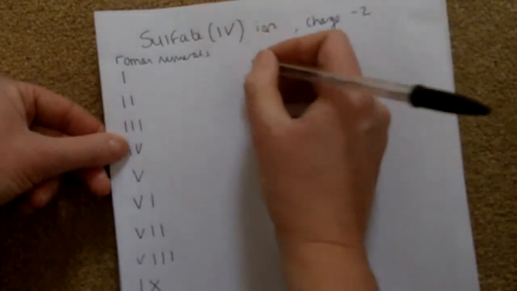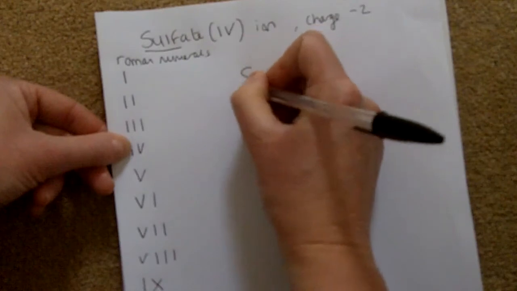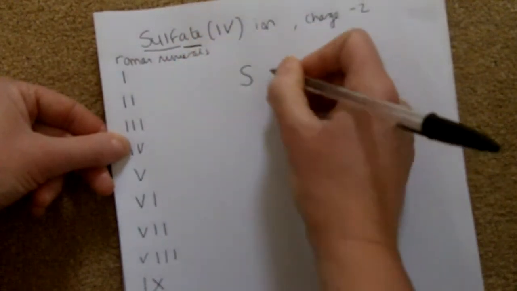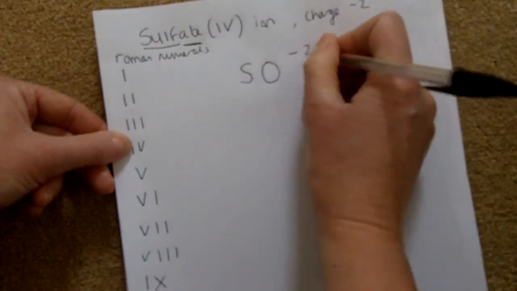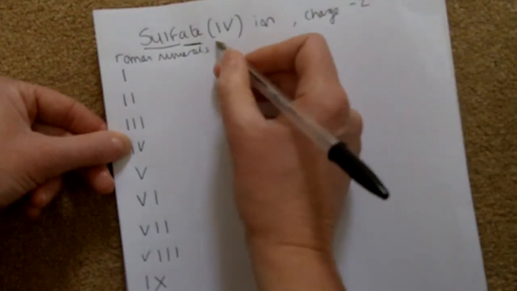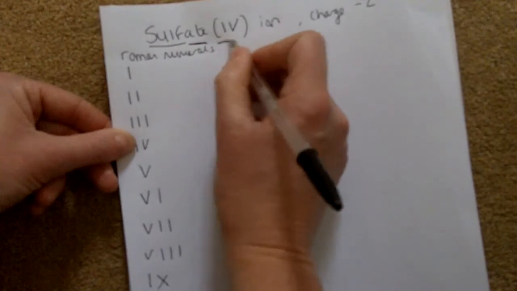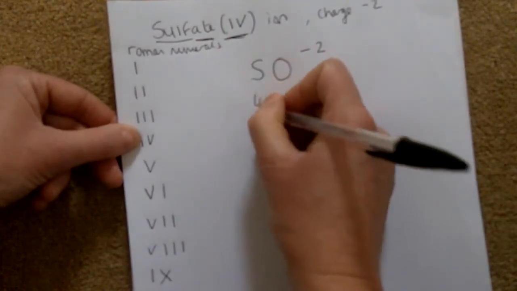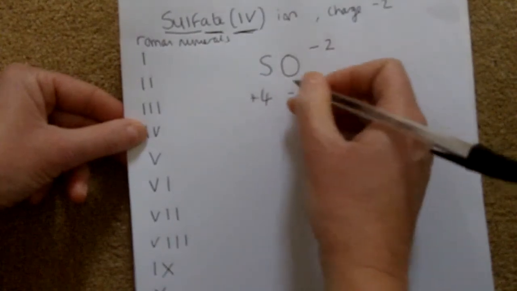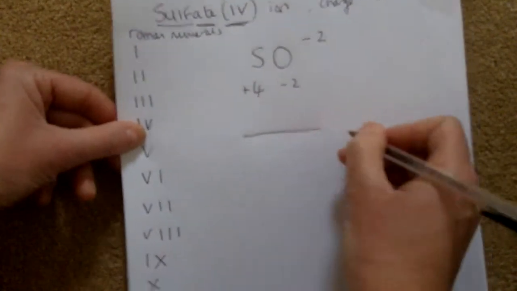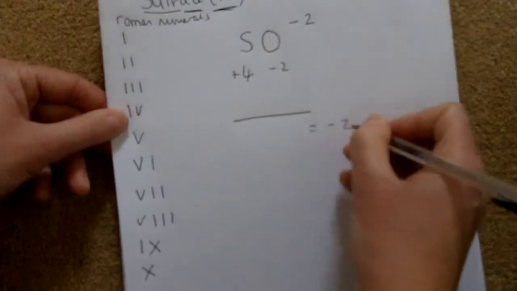So sulfate(IV): I know it contains sulfur, and -ate, I know it contains oxygen. I know it has an overall charge of -2. I know the oxidation state of the sulfur is +4, the oxidation state of the oxygen is -2, and it has to equal -2.